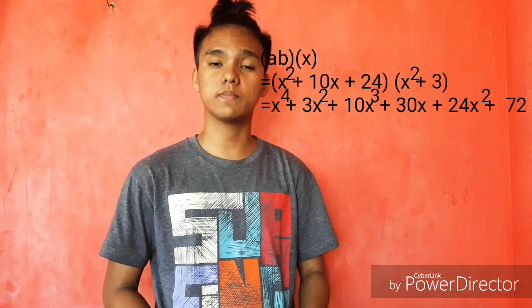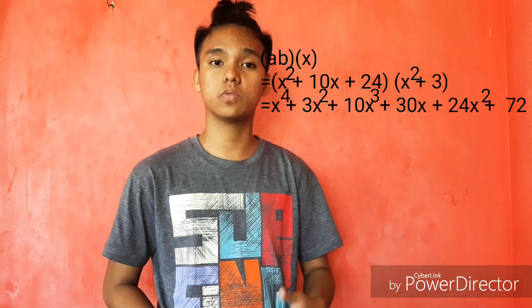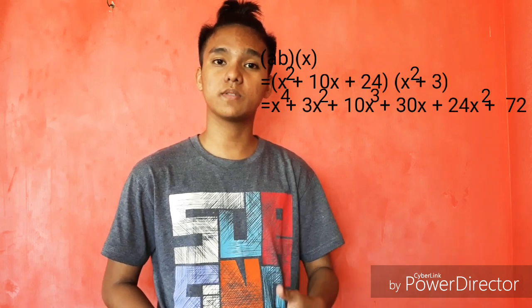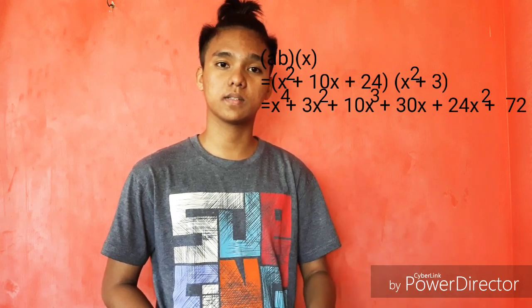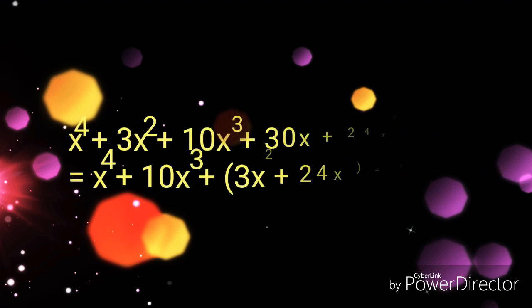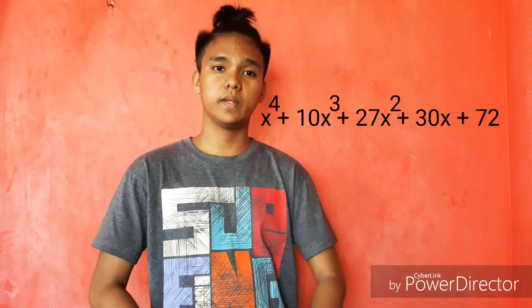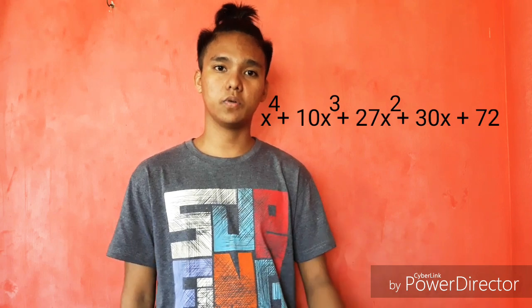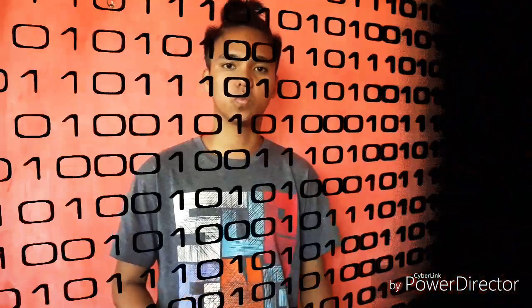Then x squared times 3 is equal to 3x squared. Then 10x times x squared is equal to 10x cubed. Then 10x times 3 is equal to 30x. Then 24 times x squared is equal to 24x squared. Then 24 times 3 is equal to 72. Let us combine all the like terms. The answer will be x raised to 4 plus 10x cubed plus 27x squared plus 30x plus 72.